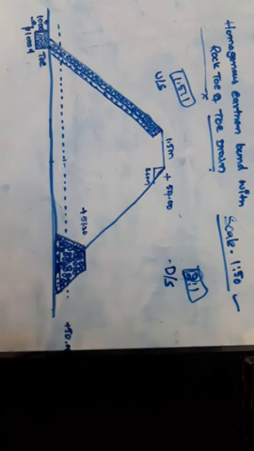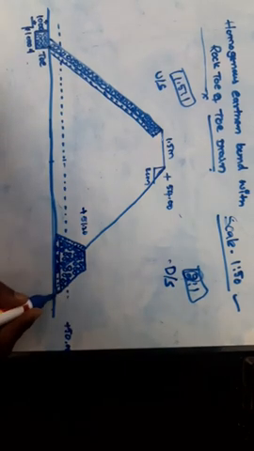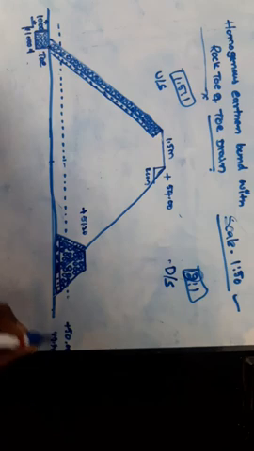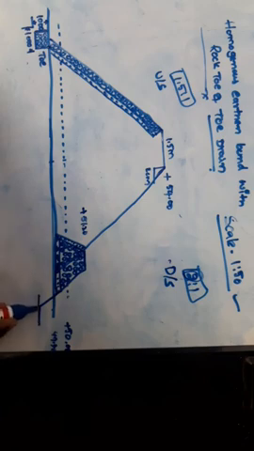See here the continuation of the rock toe. In the continuation of the rock toe slope, we have to draw the toe drain. This is the level 49.70. This level is 49, the bottom level of the toe drain.